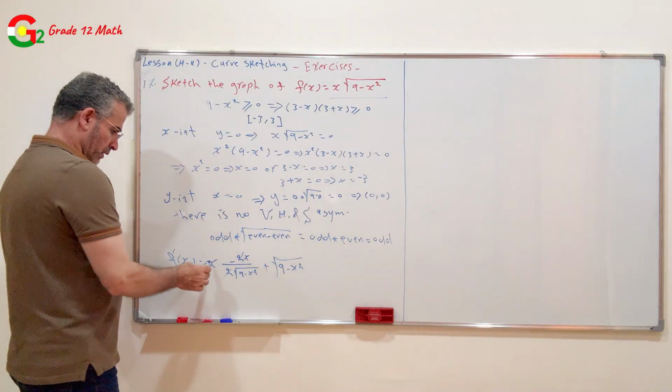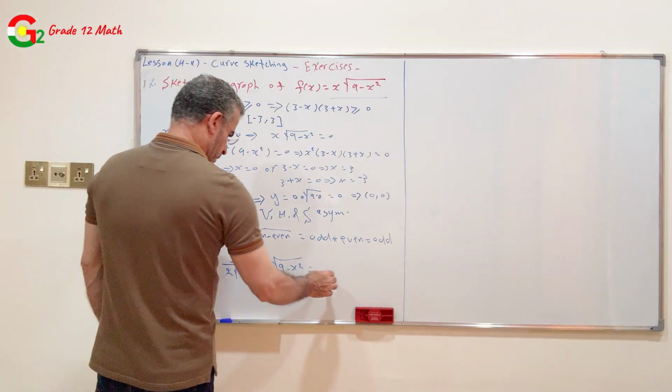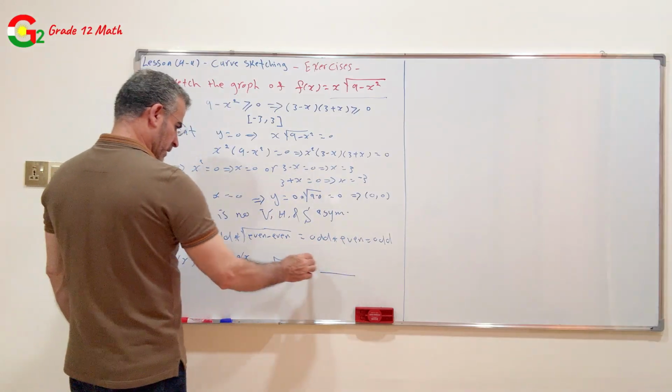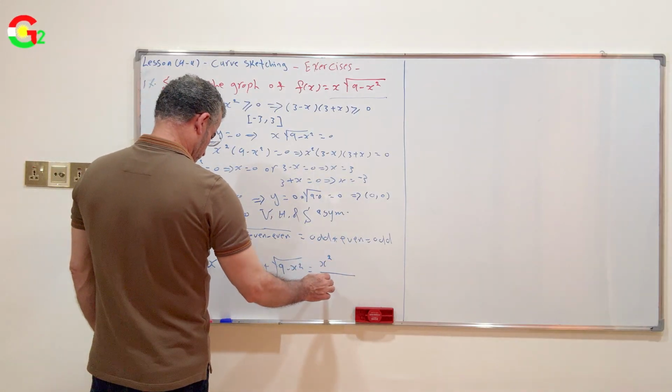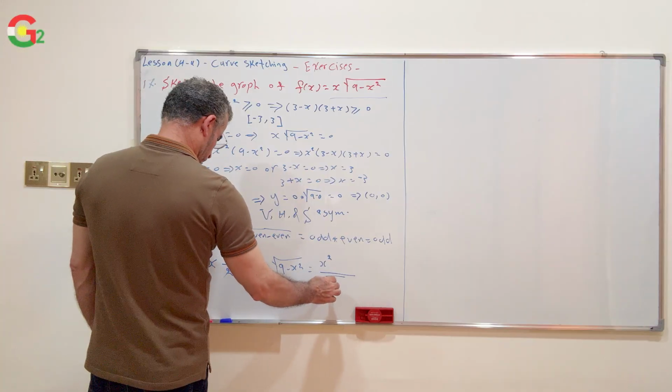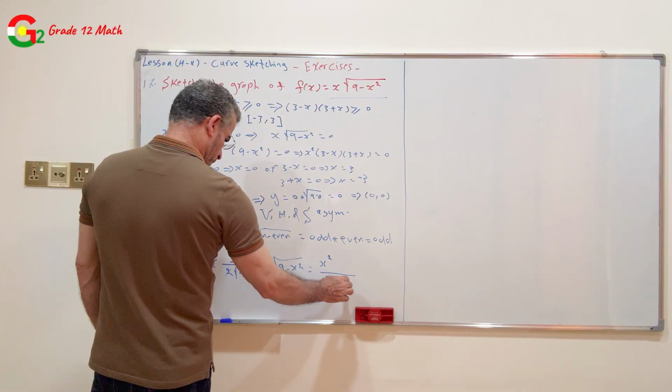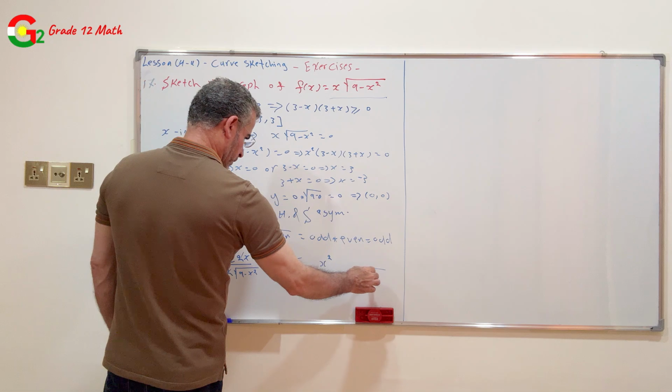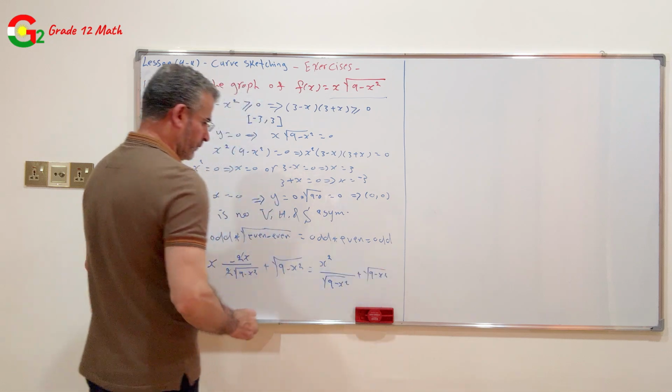Reduce 2 with 2, multiply x with x, then we get negative x squared over the square root of 9 minus x squared, plus the square root of 9 minus x squared.